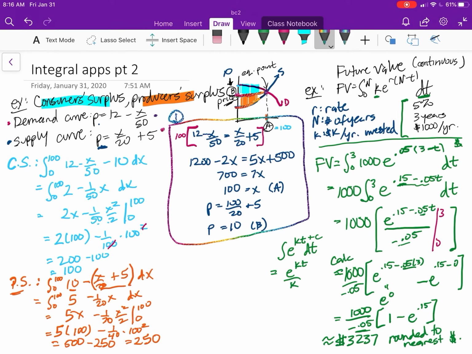I didn't like the fractions, so I multiplied by 100. Solving for x is pretty straightforward from there. Remember, x is the a, what they give us in the book, and the y is the b. To get y, we just plug in that x into either one, and we get 10. Pause for a second, let you look over that.